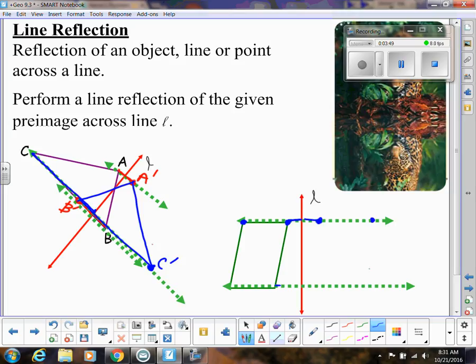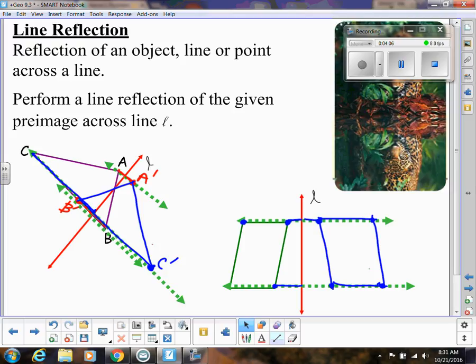And then this distance. And I'm kind of estimating. You have a ruler, so you can be a little bit more exact. Okay, so there you go. We've reflected over the line, and that's probably something you're very familiar with.